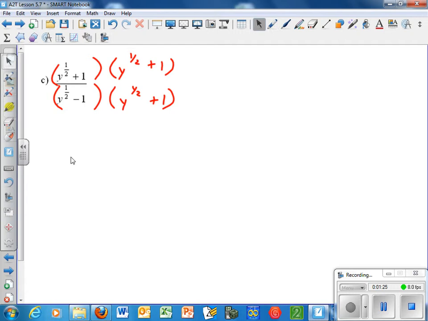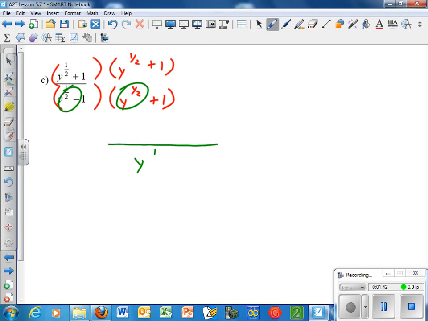Okay? When I do that, on the bottom, we're going to do our first terms, which is y to the 1 half times y to the 1 half. When I do that, I add exponents. That would be y to the 2 halves or y to the first.